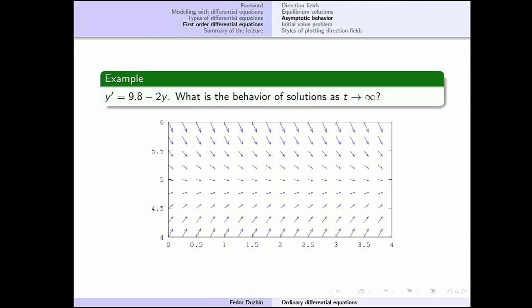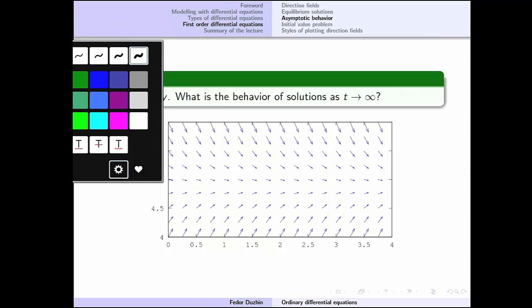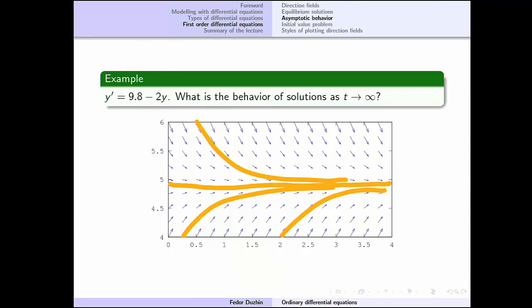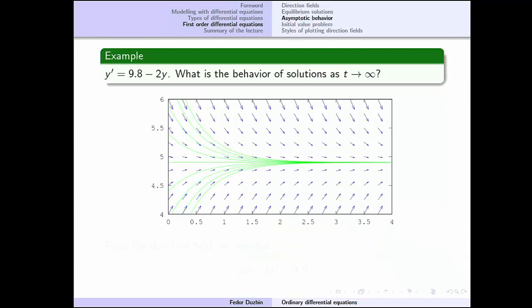And here from the picture we see that if you try to plot a few solutions of this differential equation, let me use another color, they seem to be approaching the same line that is somewhere here, and this line of course is the equilibrium solution, because along this line all the arrows will be exactly horizontal.